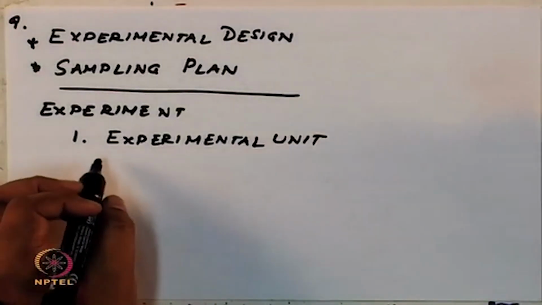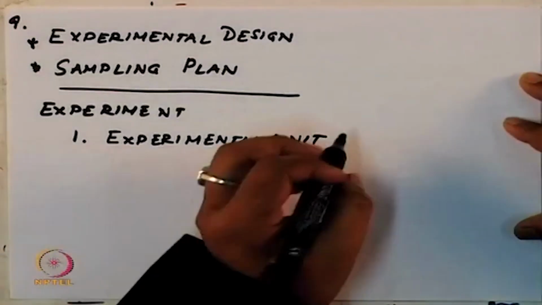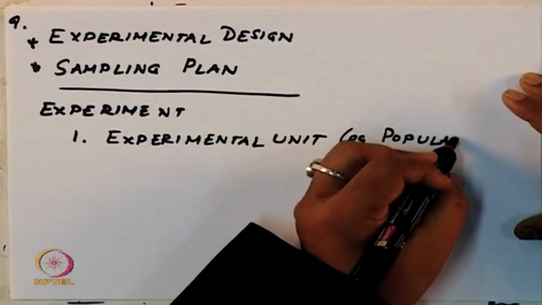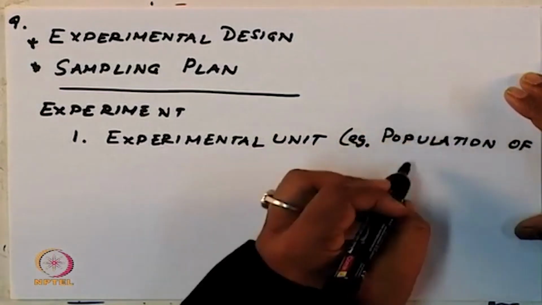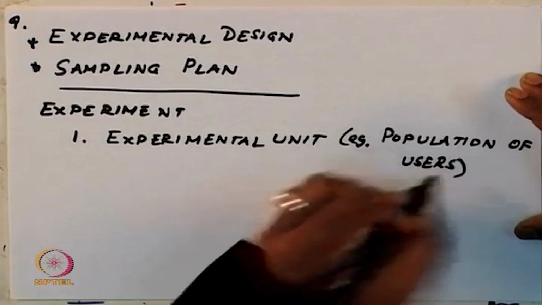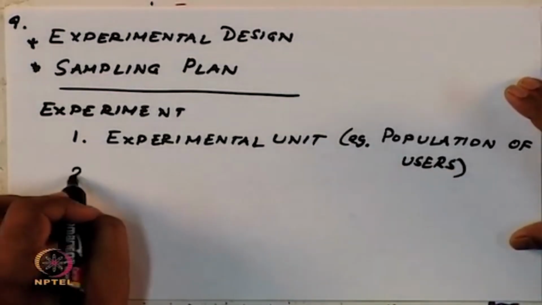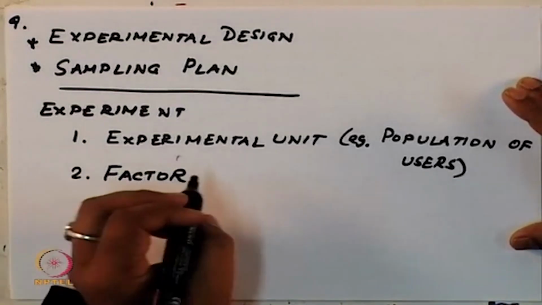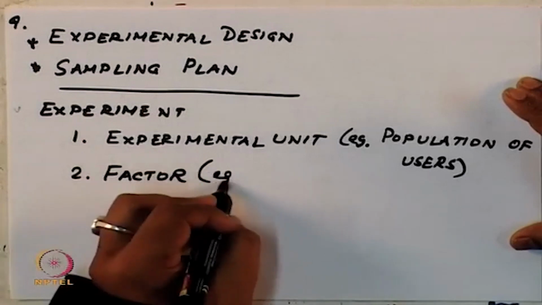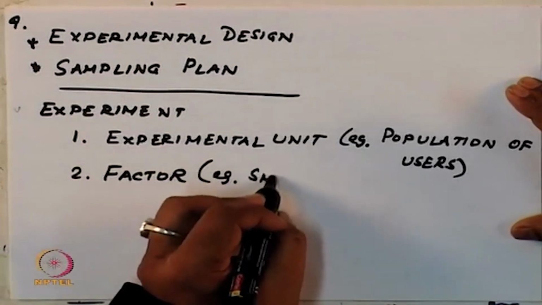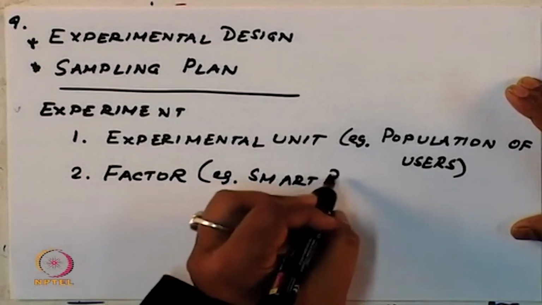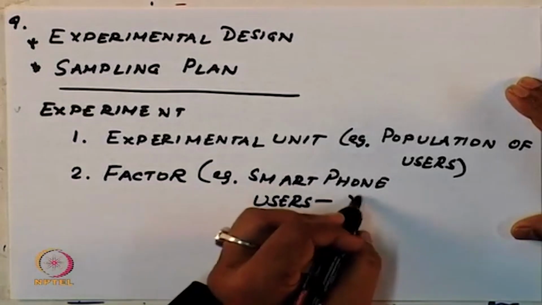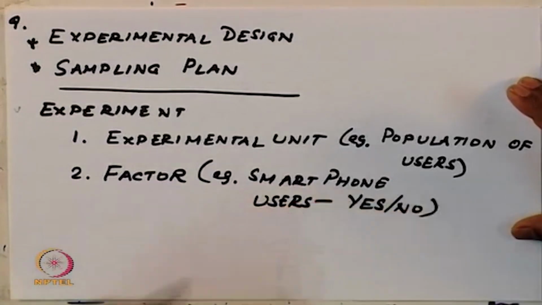Okay. So, for example, in the case of cell phone users, your experimental unit can be just the population of users. Second is the factor. Okay. So, in the example that we discussed, the factor can be whether they are smartphone users or not, yes or no. Okay.